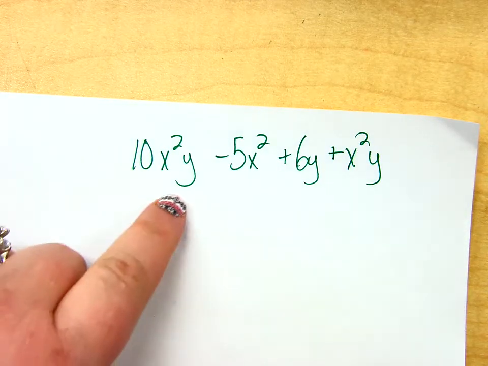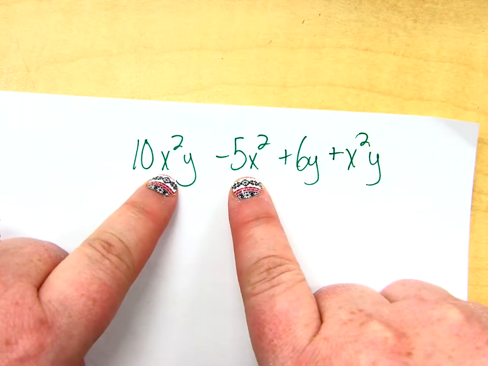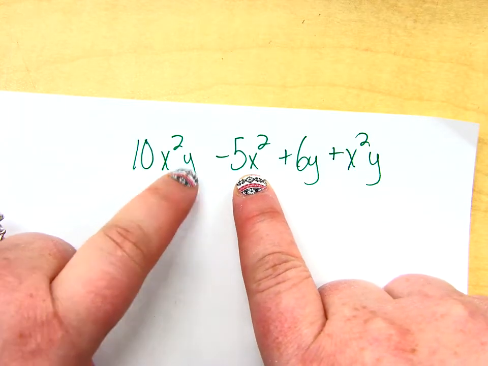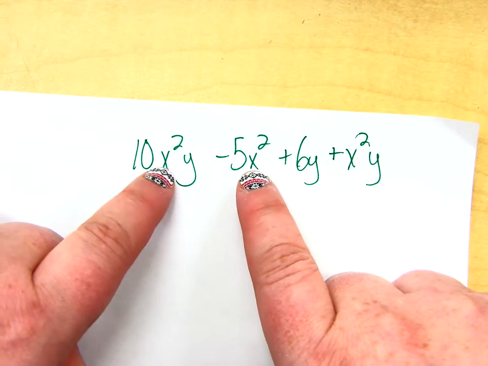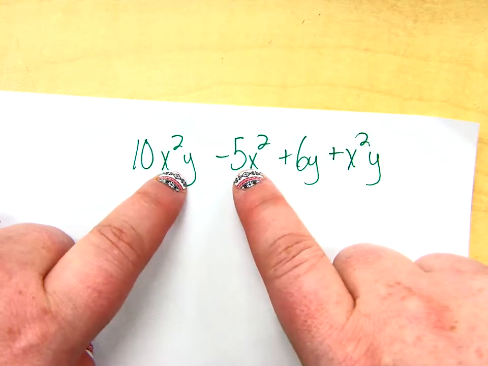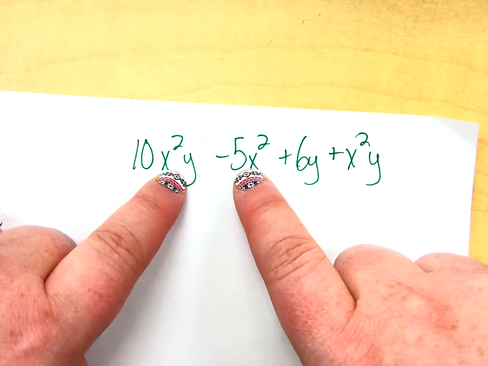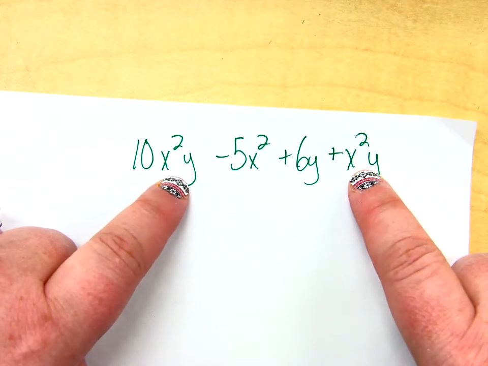So be careful here. If I just look at these first things, I have x squared on both of them. One has a y and one doesn't. So even though they both have x squared, it doesn't matter. Everything has to match. So these two are not like terms. However, these two are. They both have x squared y.